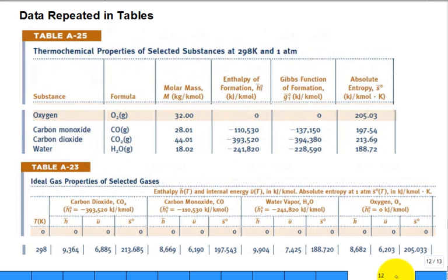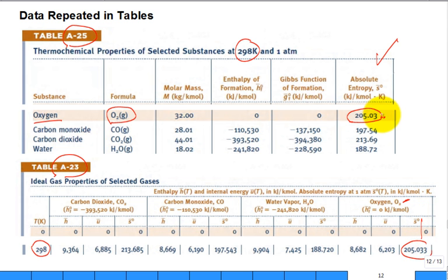Also, you can compare table A25 and table A23. For example, let's look at oxygen gas. Here's that 205.03 for the absolute entropy. If we come down and look at the temperature, same temperature, 298, and it's 1 atm, and we come over here for the oxygen, we have absolute entropy.